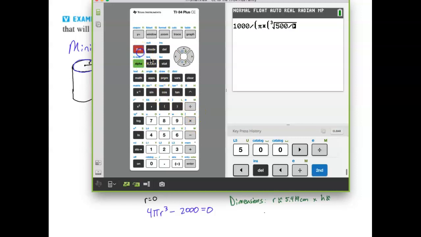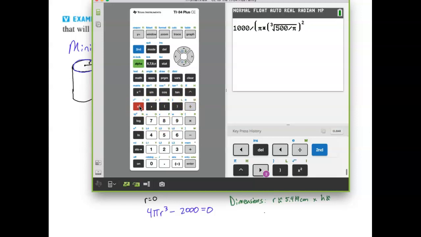Divided by pi. And I'm done there. Close that, and then it's the radius squared, so I have to square that. And then close out my, there we go.